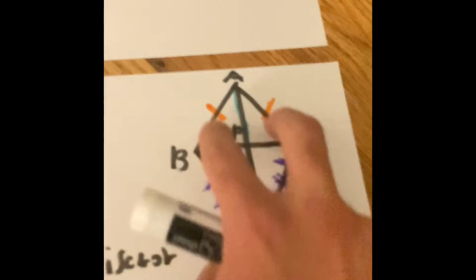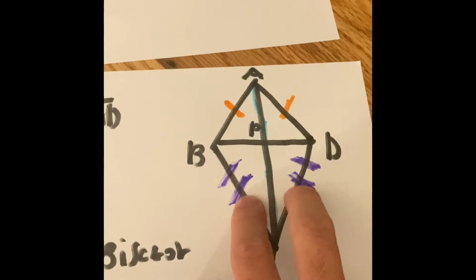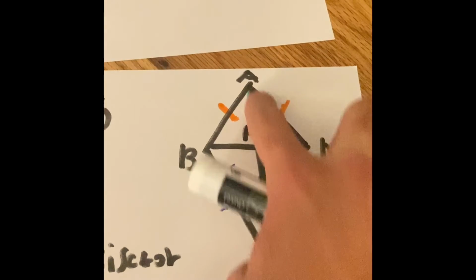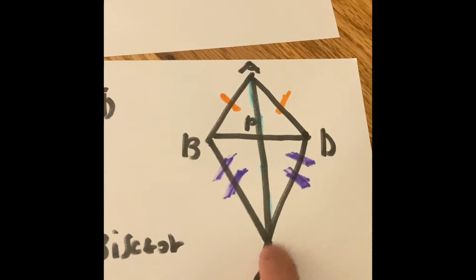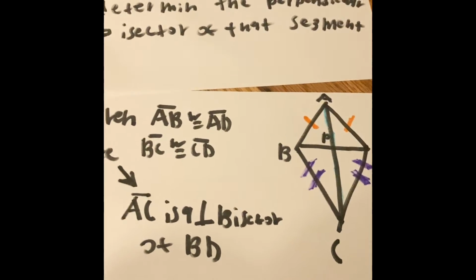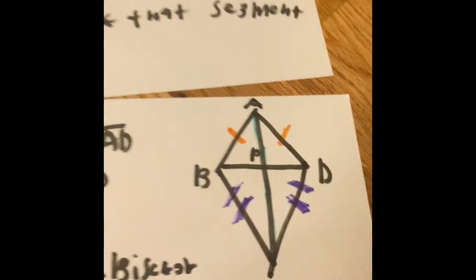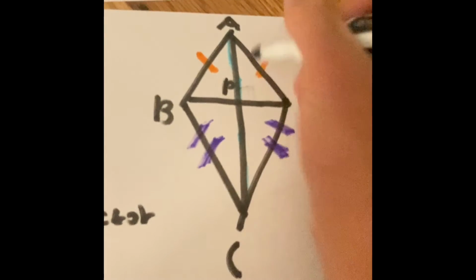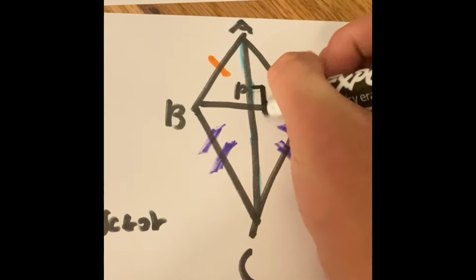So we know that these two are congruent, and it also means that AC has to strike through and become a perpendicular bisector of BD. Now there are right angles inside of those.